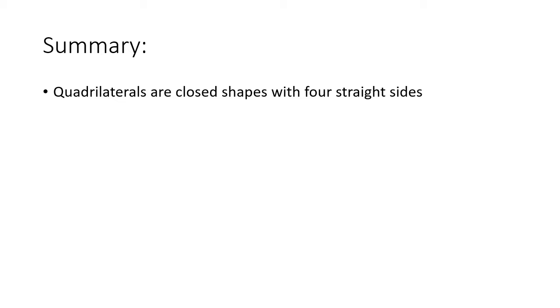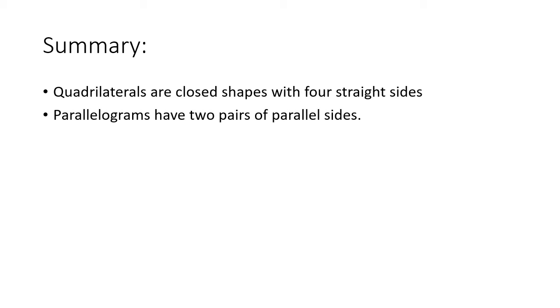In summary, we have that quadrilaterals are closed shapes with four straight sides. Parallelograms are the main class of quadrilaterals, and they have two pairs of parallel sides, but make sure that you're familiar with the particular shapes, so the parallelogram itself, the rhombus, the rectangle, and the square.